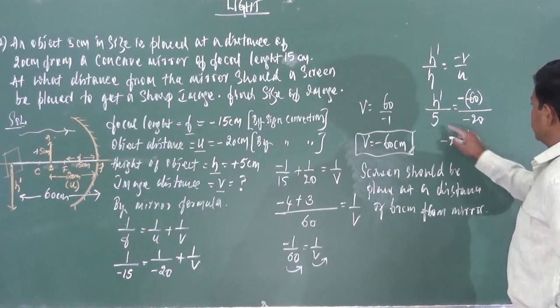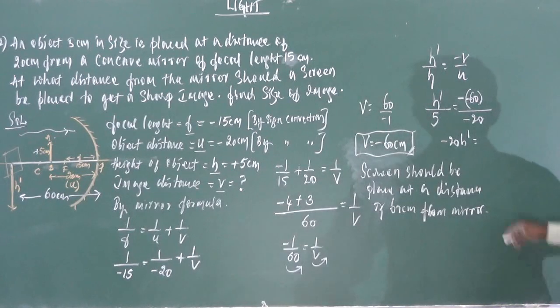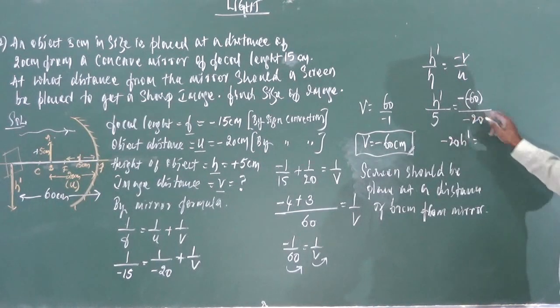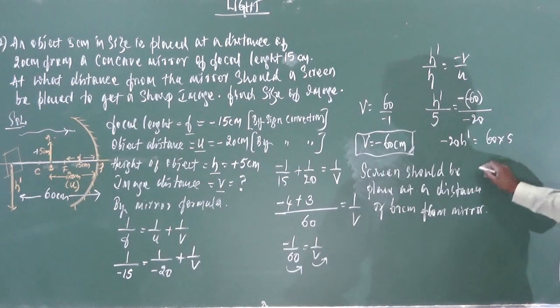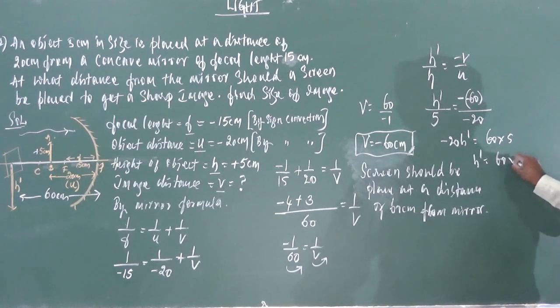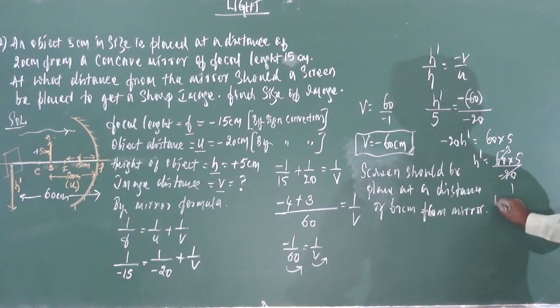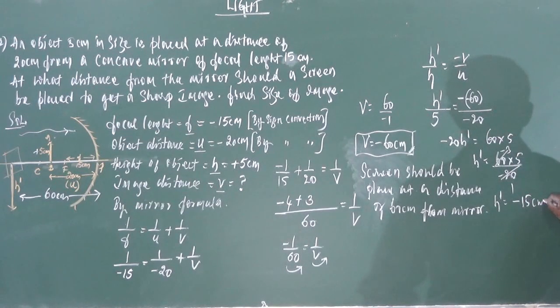So h dash is equal to 5 into, minus into minus is plus, 5 into 60 by minus 20. Minus 20 once, minus 20 minus 3. So h dash is equal to minus 3 into 5, which is minus 15 centimeters.